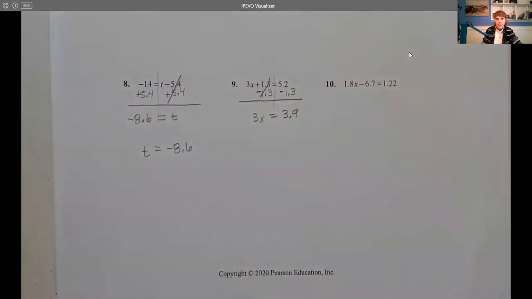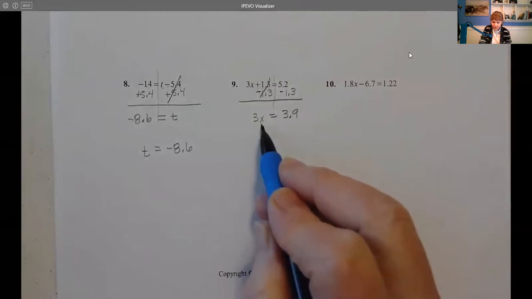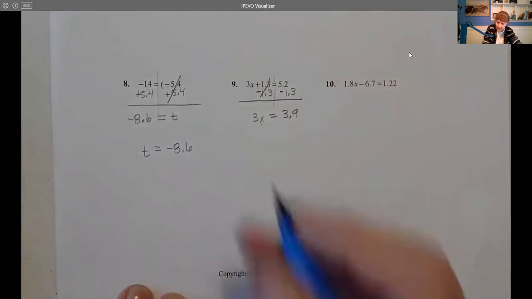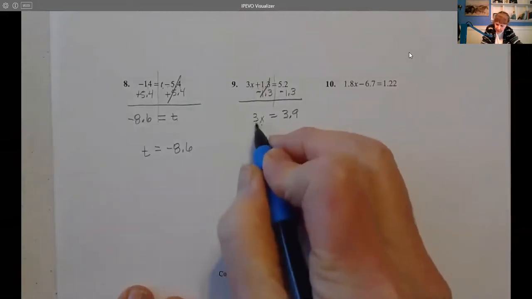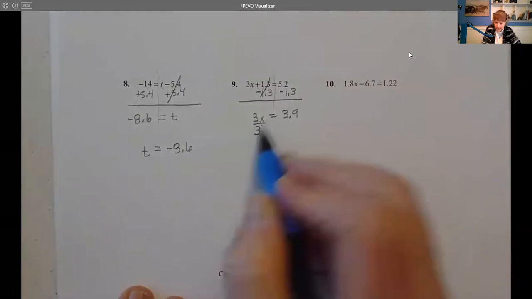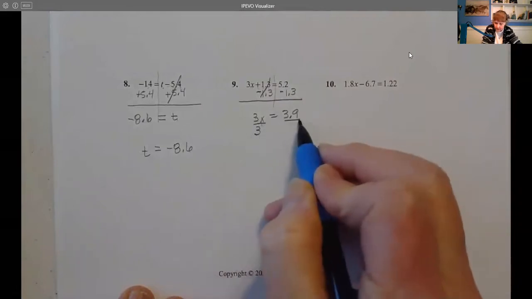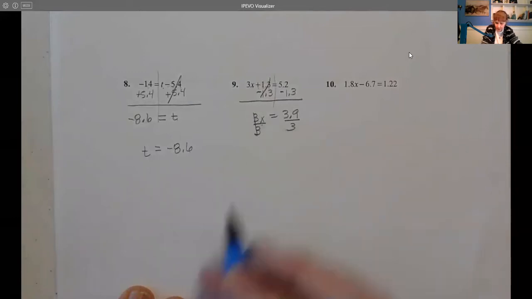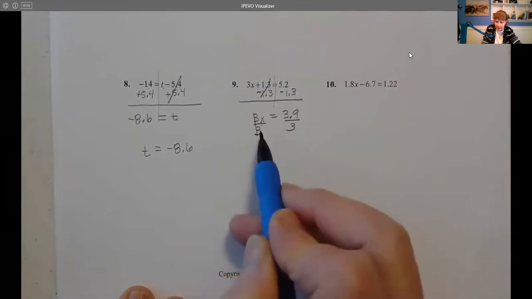Okay. Now you get rid of what's being multiplied here. If we had a division of 3 here, we'd do it now. So you get rid of what's being multiplied or divided at this last step. So if we have a 3, I want a 1 there. 3 over 3 is 1, but whatever you do here, you have to do here. So we have our 1, those cancel. We have our 1x. Notice I'm leaving the x.